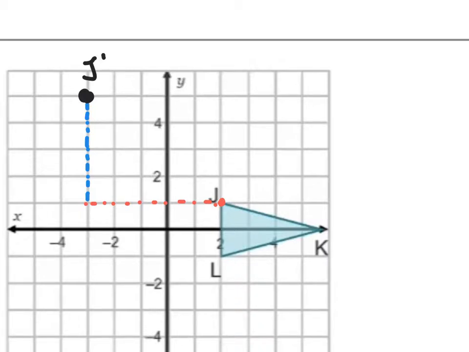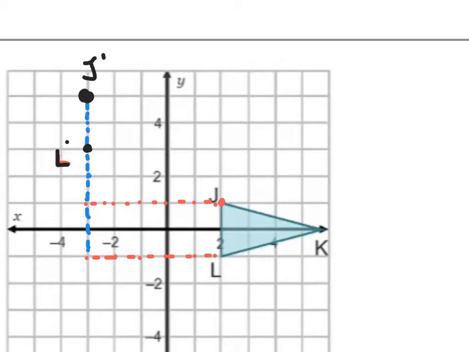Same thing with L. I'm going to move that 5 units to the left, 1, 2, 3, 4, 5, and then move that 4 units up, 1, 2, 3, 4, and mark my value there. I kind of like to make this look like I'm moving this 5 units over. And this is going to be L prime.